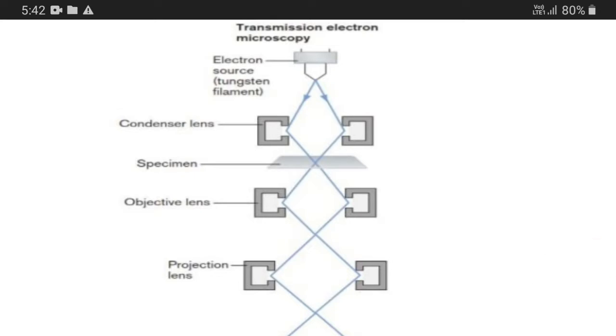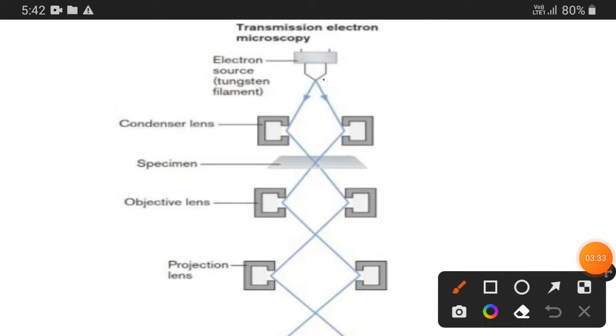Now from the electron source, electrons are focused onto the specimen, and from the specimen a portion of the electrons is transmitted. The portion of the electrons that is transmitted contains information about the detailed structure of the object that we have considered as a specimen.